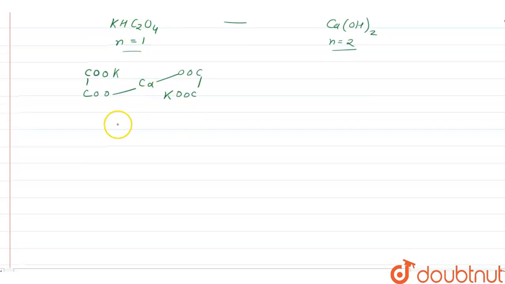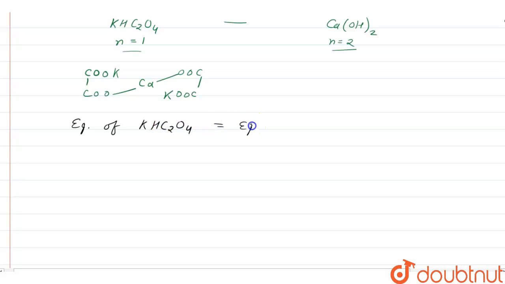Now we can write the equivalence of KHC2O4 is equal to equivalence of calcium hydroxide. As we are given n equal to 2 for calcium hydroxide, and it has the molarity 0.05, and the volume is the same, that is 100 divided by 1000, because we have to keep it in liters.